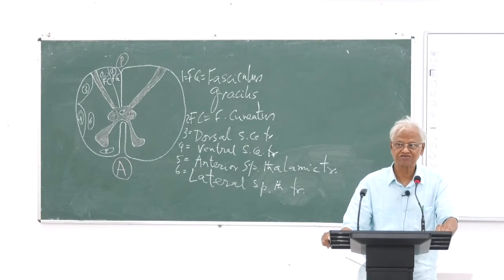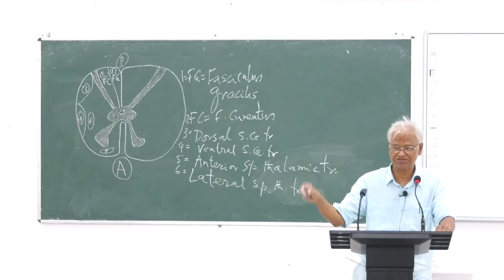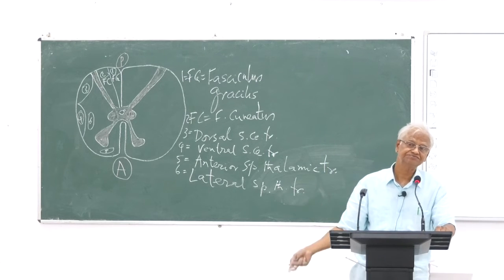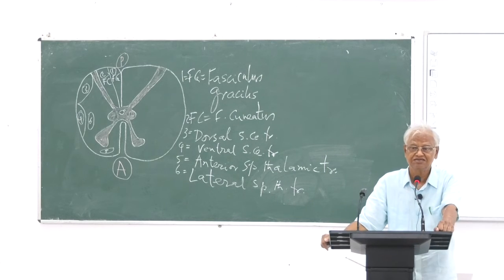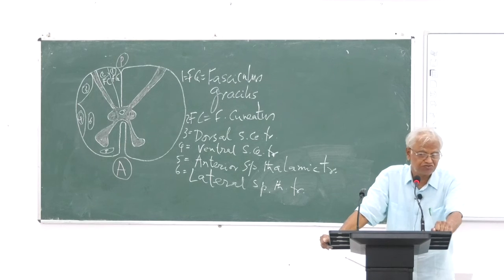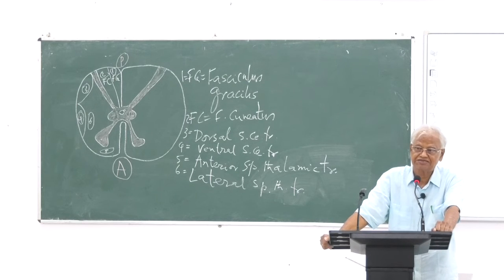These proprioceptors mean sensations coming from the joints. Also pressure sensation. These are all fine sensations and they are carried by the dorsal tract, tractus gracilis or fasciculus gracilis and tractus cuneatus or fasciculus cuneatus.